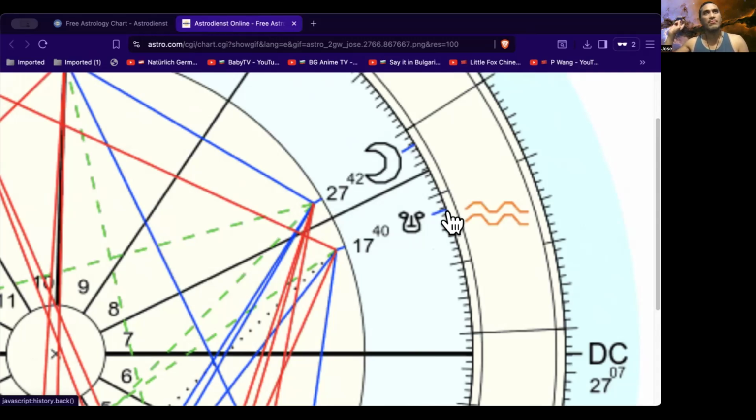There are four main ones that have been discovered. Technically, they're clusters. Anyways, they have wider orbs, up to about 12 degrees, which is huge because you can encompass many things there.